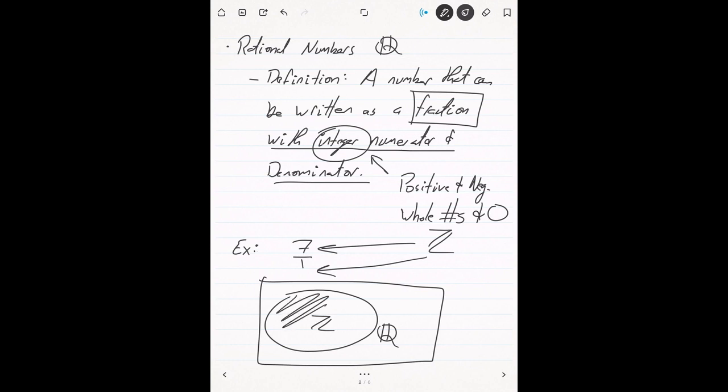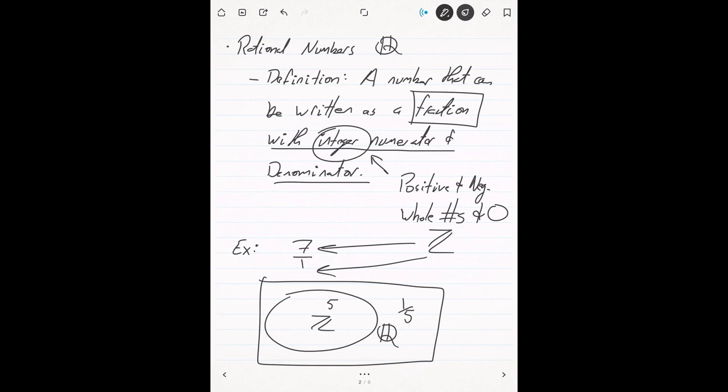This circle represents all the integers. Every integer is also a rational number. Just pick any whole number, 5. You can write it as 5 over 1. There, it's a rational number. But not every rational number, let's say 1/5, is an integer. So every integer is a rational, not every rational is an integer. Hopefully that's making sense to you.